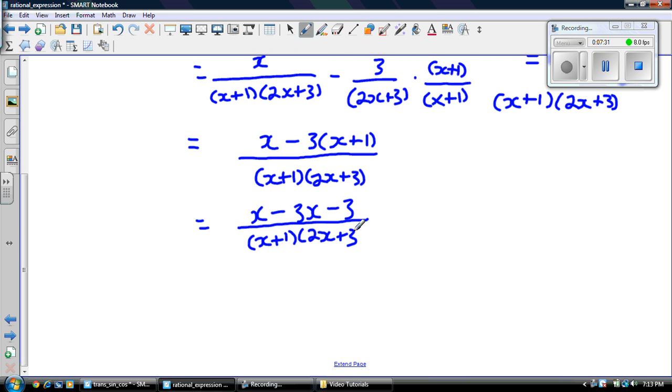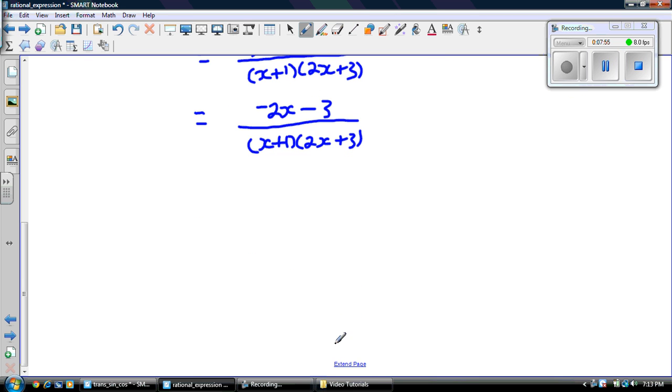And now I look and just simplify here. So x minus 3x, that's negative 2x minus 3 all over x plus 1, 2x plus 3. And then the next step here is, if you look here, this looks very similar, so they're both negative.